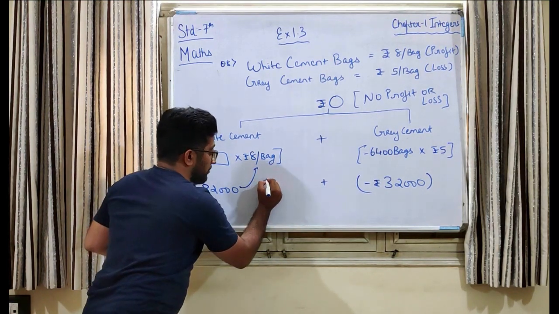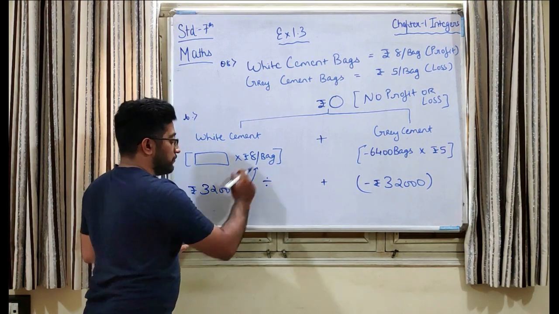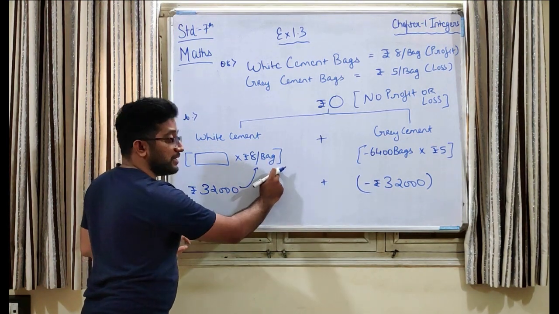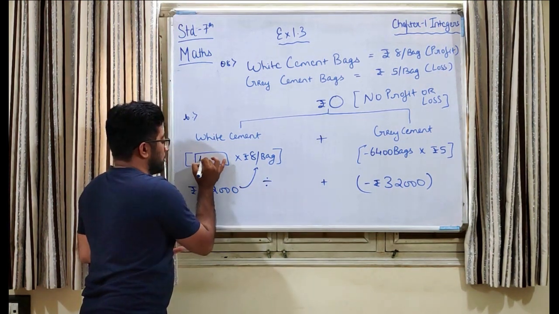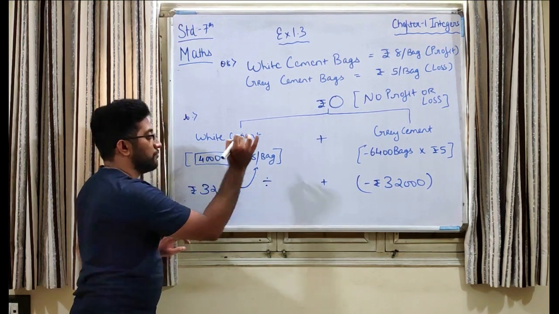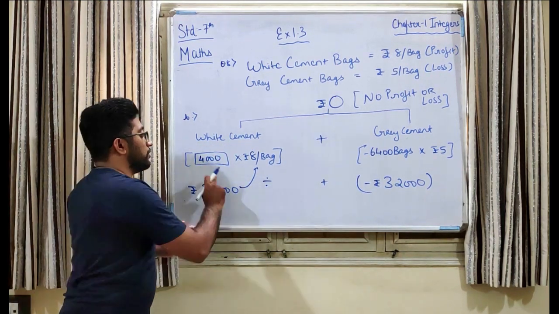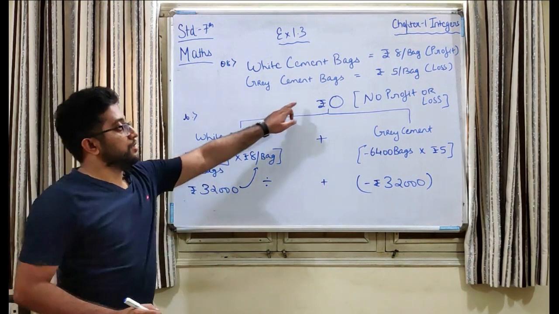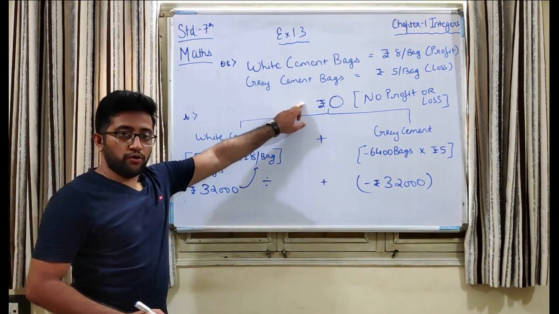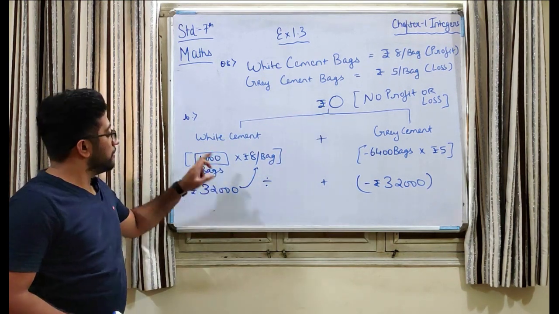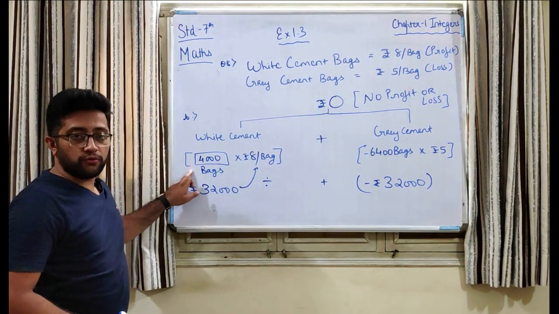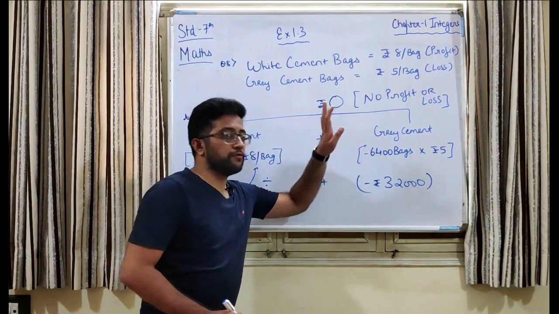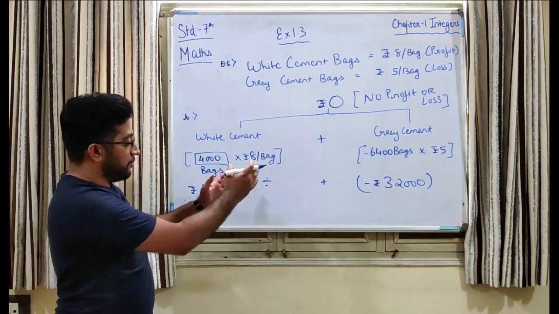Okay, so if we divide these two numbers, that is 32,000 divided by 8, the number of bags will come to 4,000. Okay, so in order to earn 0, that is no profit or no loss, we need to sell white cement bags of 4,000 and grey cement bags of 6,400. Okay, please make a note.